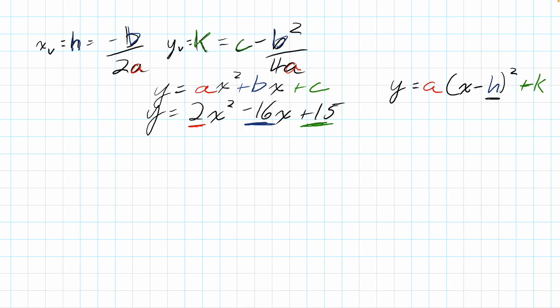The other alternative is taking these numbers, plugging them in, getting an X value of the vertex or the H number, and putting the same numbers from our standard form through the formula, getting a K value or the Y value of the vertex, and plugging it in. So we'll use that as maybe our check.